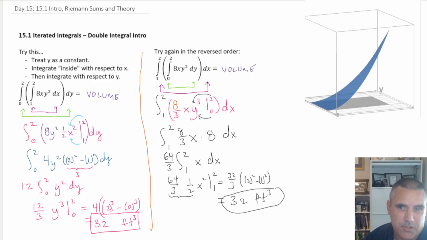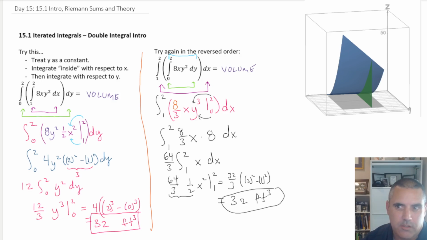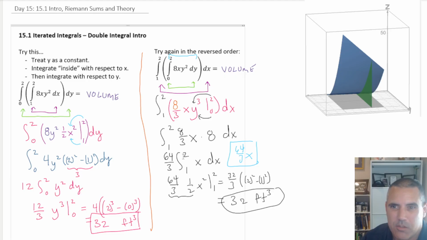What we're actually doing is we're looking at slices in the following way. So the moment we fix x, which is what we're doing when we're in here, x is fixed, we are actually looking at a particular cross-section. So this expression, the 64 over 3x, actually represents the cross-sectional area.